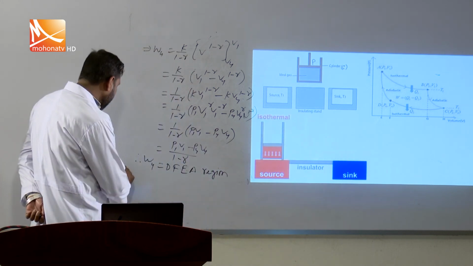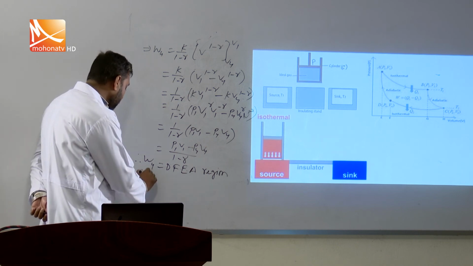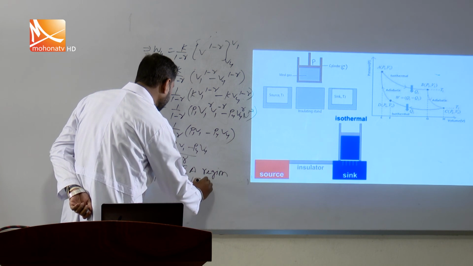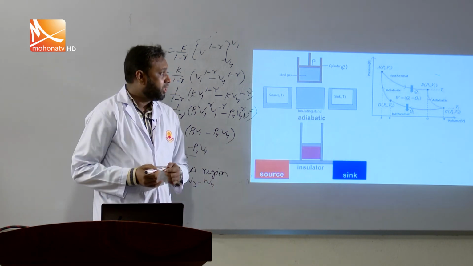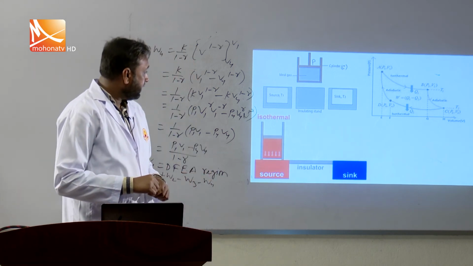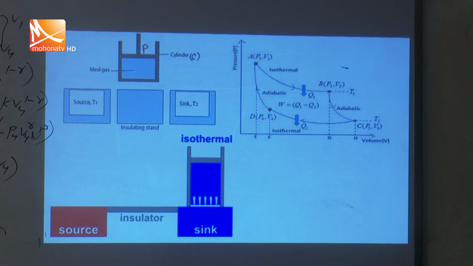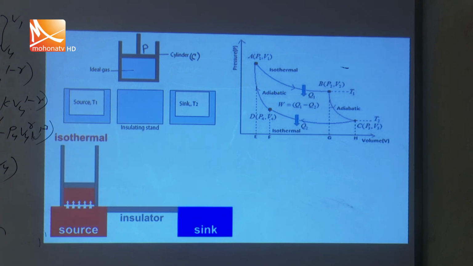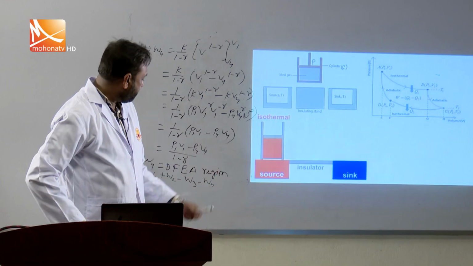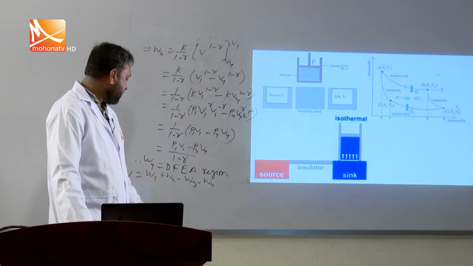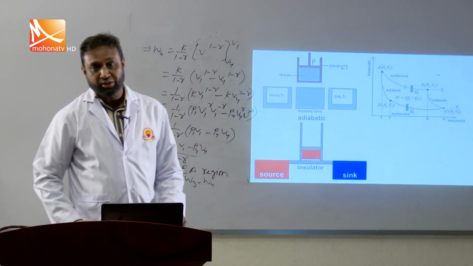Now the total work done on the system will be W1 plus W2 minus W3 minus W4, because W1 and W2 are positive, as the work done by the gas is positive, and work done is negative when it is work done on the system. For this reason W3 and W4 are negative and W1 and W2 are positive.